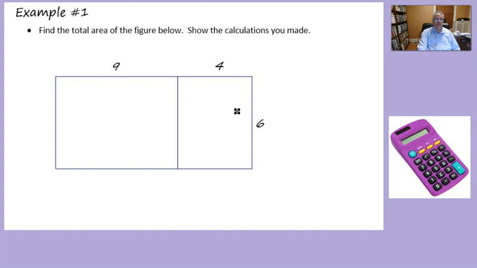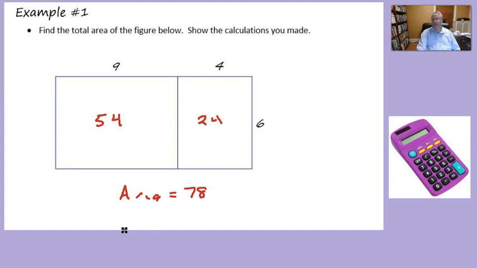Its length is 9 and its width is 6, so 9 times 6 is 54. This smaller rectangle is 4 by 6, and 4 times 6 is 24. So I have the area of the two pieces, and if we add those up, we get a total area of 78.